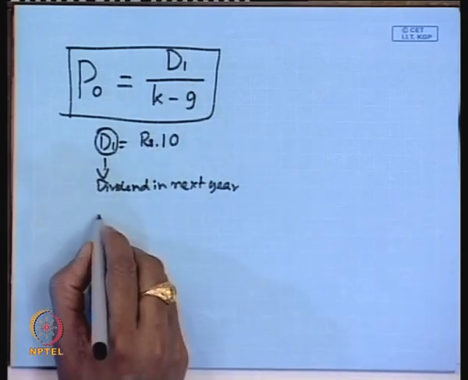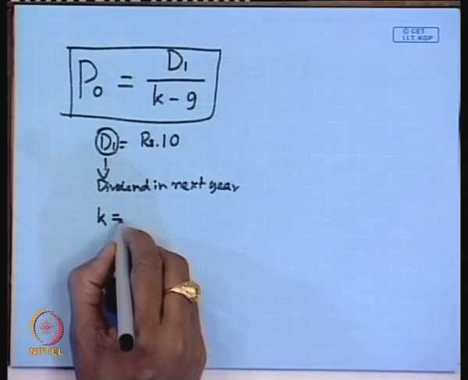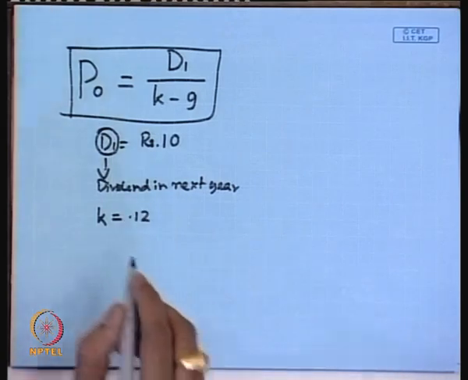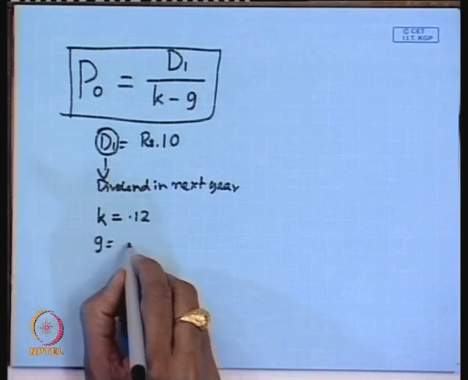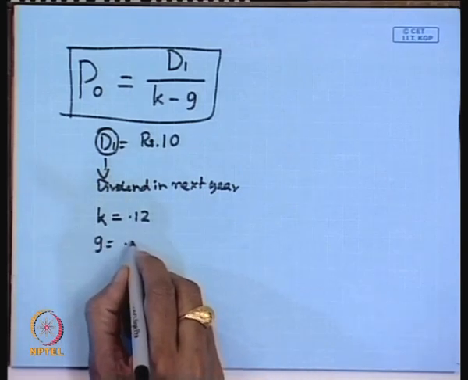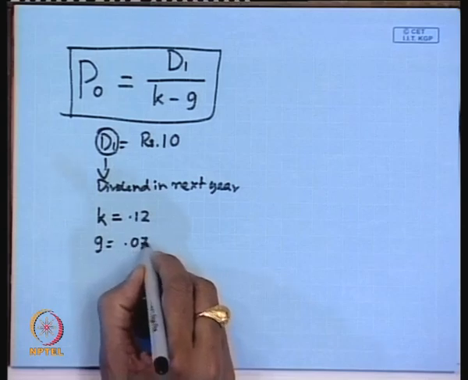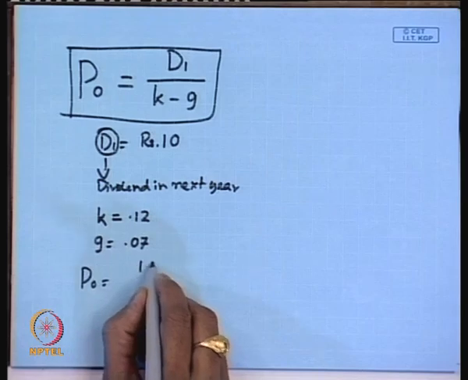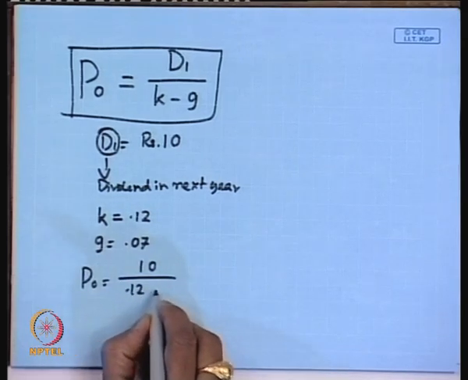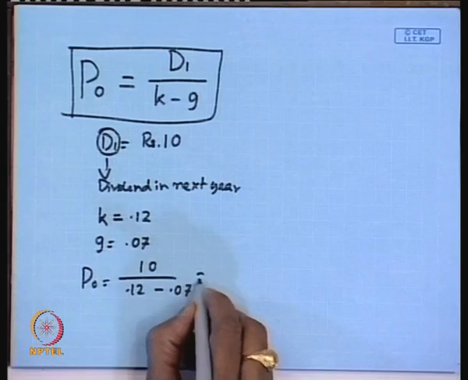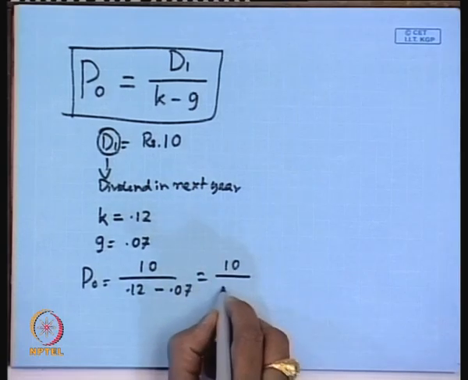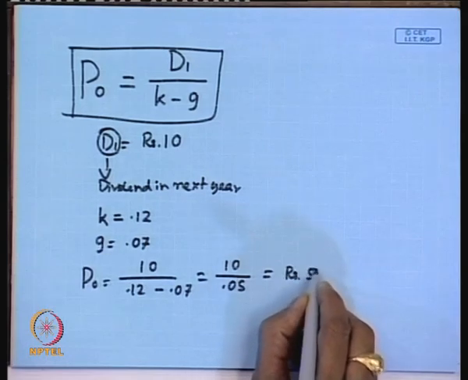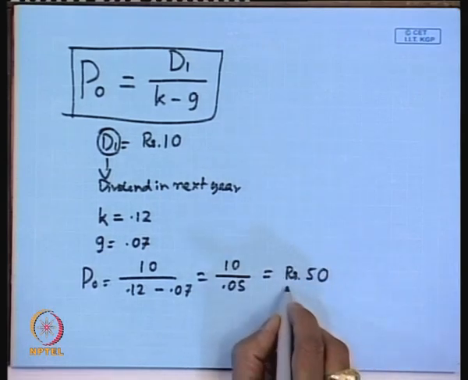If the cost of capital, or the rate of return expected by the equity holder, is 12%, and the expected growth in dividend is 7%, that is 0.07, then the price of the stock is 10 divided by 0.12 minus 0.07, which is 10 divided by 0.05. In rupees, INR, it becomes rupees 50.